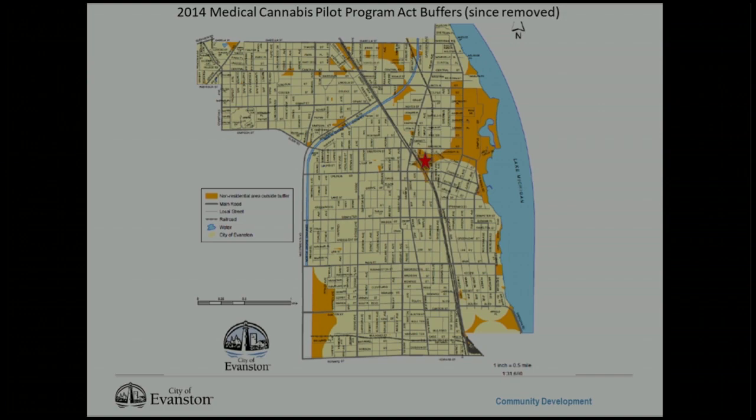The orange areas are the areas where a medical dispensary would have been able to locate. So after looking at the distancing requirements and our zoning, it ended up being fairly restrictive. And it just so happened that the city also had space that was available to be leased. So the PharmaCann location ended up locating on Maple.